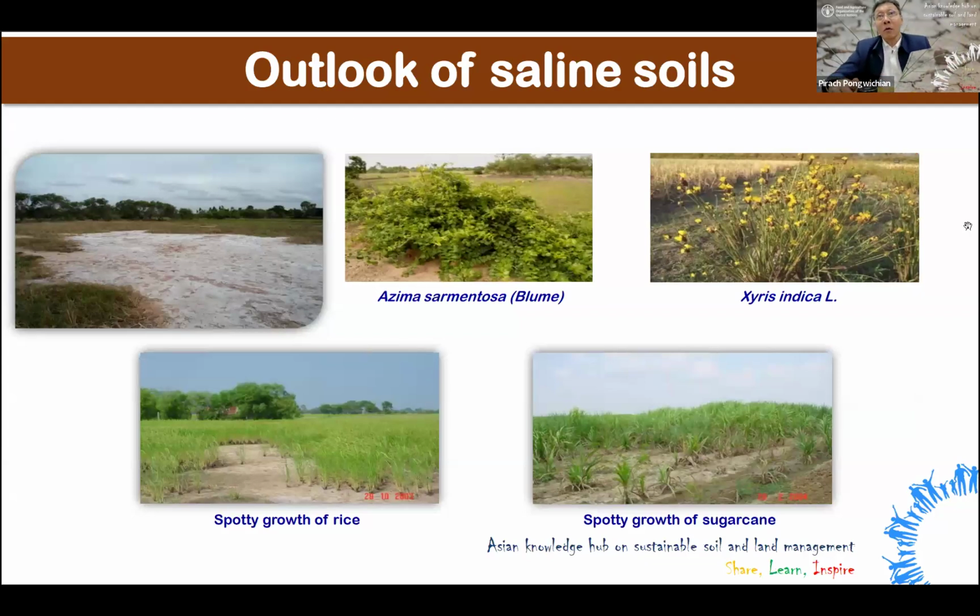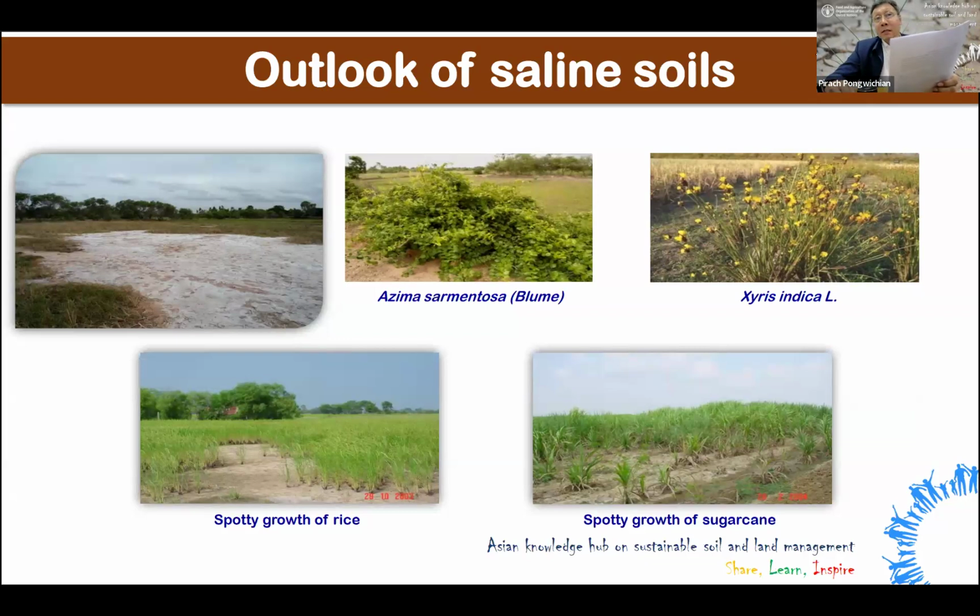This slide shows the outlook of saline soil in Thailand. When you come to the field, you can see the soil crust and indicator plants such as Acacia tomentosa and Sesbania indica.